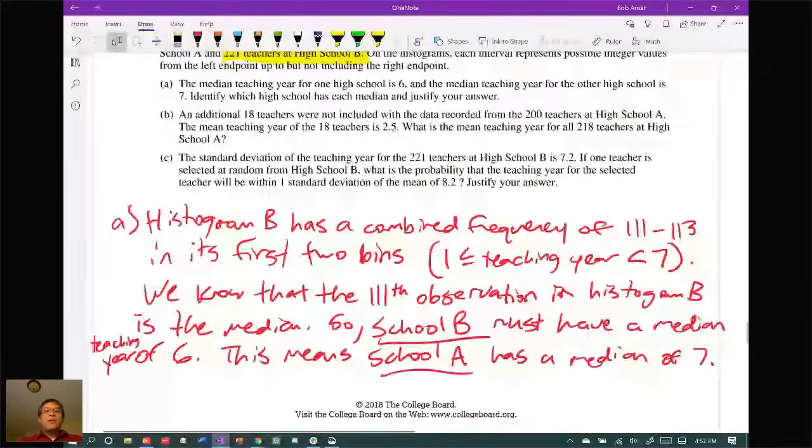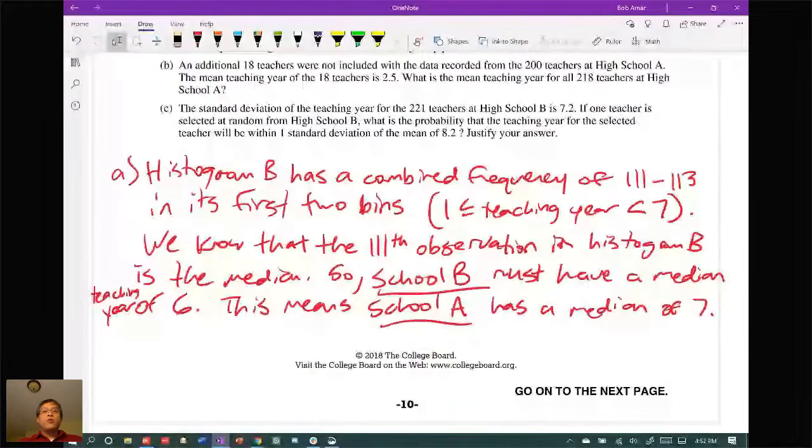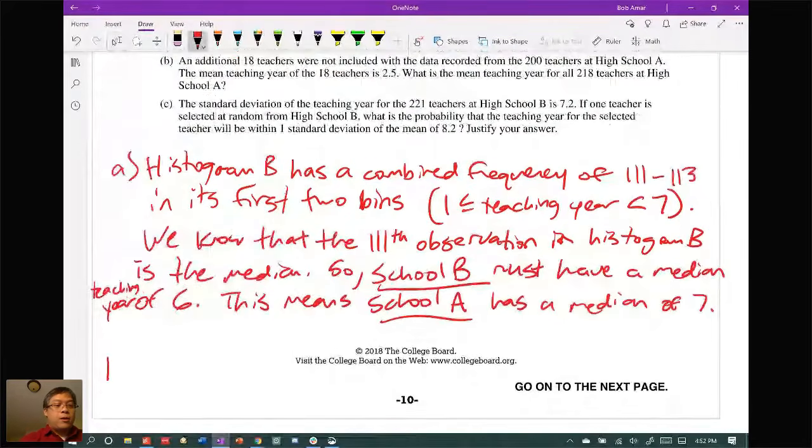Okay, part B. An additional 18 teachers were not included with the data recorded from the 200 teachers at high school A. The mean teaching year of those 18 teachers is 2.5. Okay, so the mean of 200. So 200 from A have a mean of 8.2.